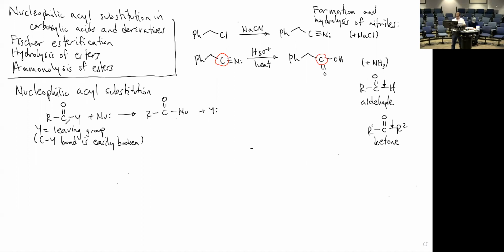Types of compounds that can undergo nucleophilic acyl substitution include the ones that we've mentioned: carboxylic acids, esters, amides. Nitriles really kind of belong in that class. As we've seen, certainly acid chlorides and anhydrides. So we've covered all that already.